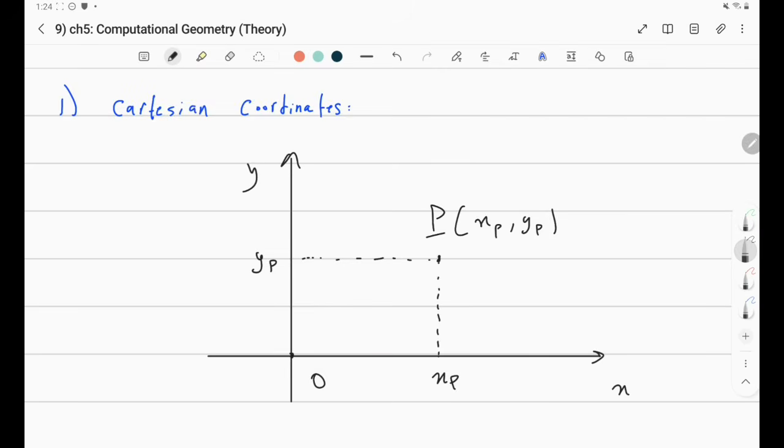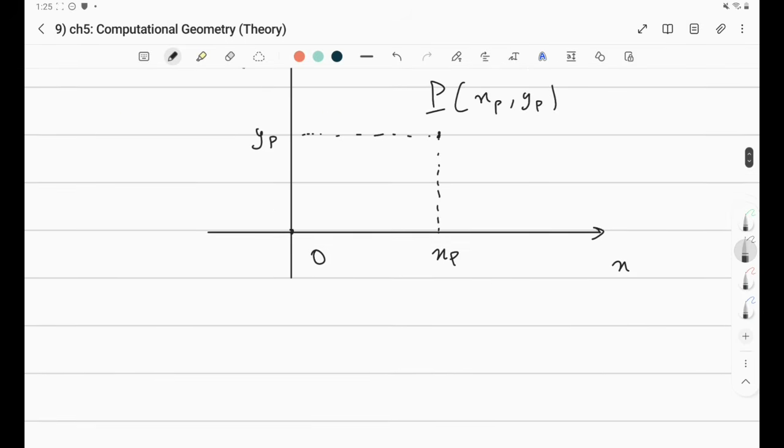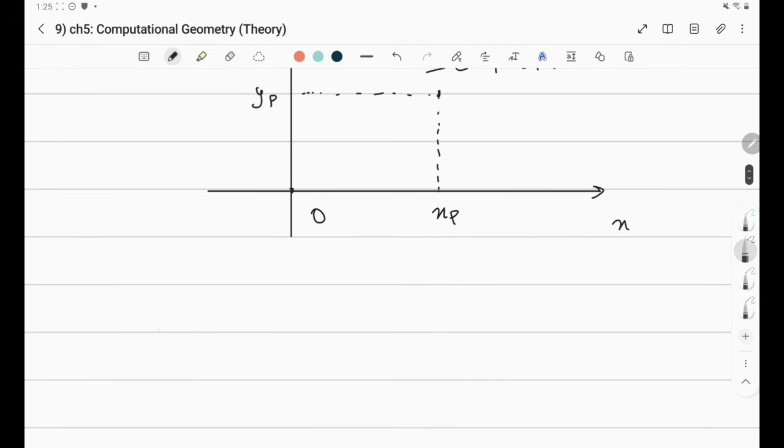And of course we know all the properties for it, for example the distance formula. If you have 2 points, let's say A and B, what's the length AB? AB is simply the square root of (xA minus xB) squared plus (yA minus yB) squared.